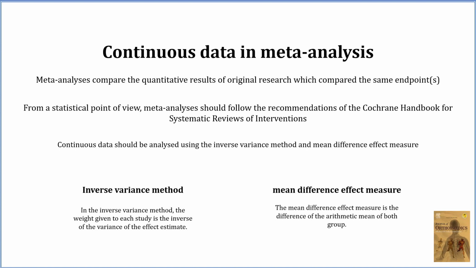Practically, it is a weighted average, because some studies include a lot of participants, a big population, a big sample size, so they have more weight, more impact on the outcome. The mean difference effect measure is the difference of the arithmetic mean of both groups.